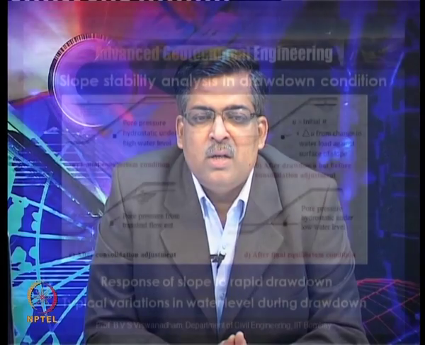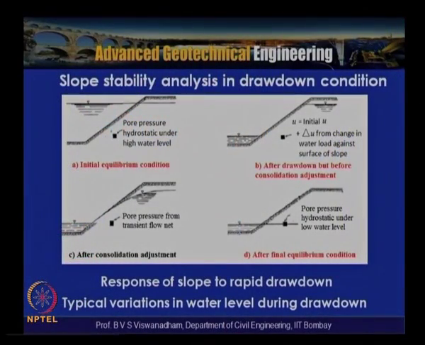In this slide, a slope stability analysis in drawdown condition, or the response of a slope to the drawdown condition, is shown. The first figure shows the pore water pressure under hydrostatic conditions at high water level. That is the initial equilibrium condition.